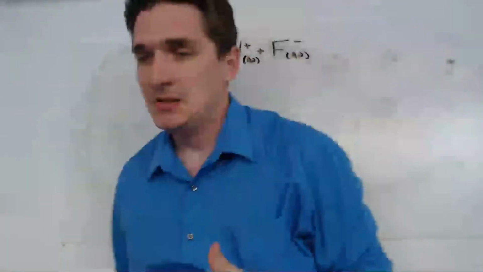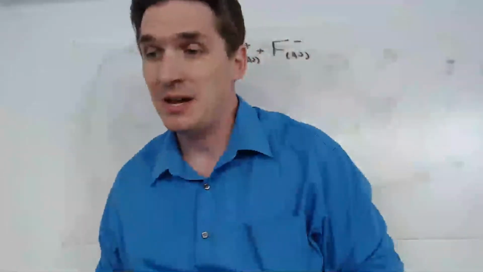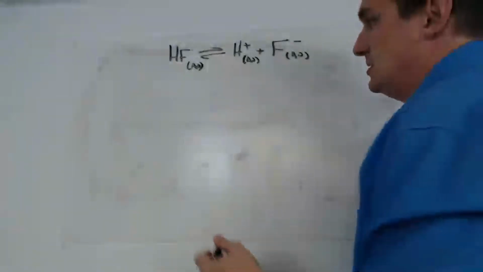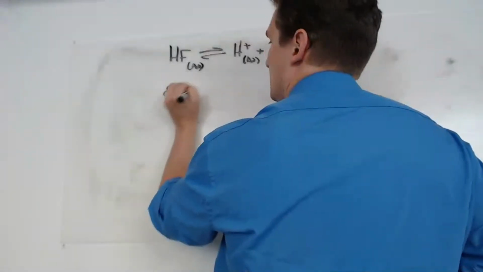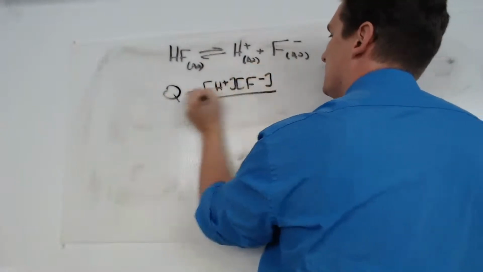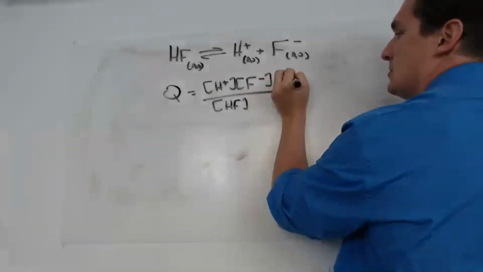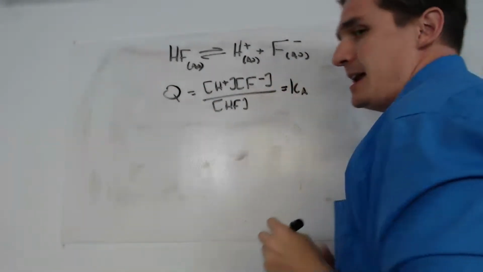And as was the case for the test 3 packets, the reason we had that sodium in the problem, but we don't see it up here, is the sodium is just a spectator ion. So we've got a reaction. We've got Q, concentration of H plus, concentration of F minus, over the concentration of HF. And this is going to equal our equilibrium constant, in this case, Ka.